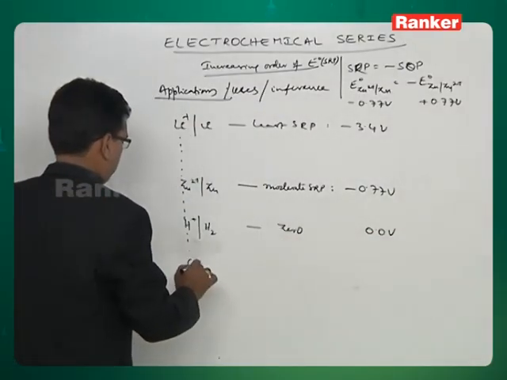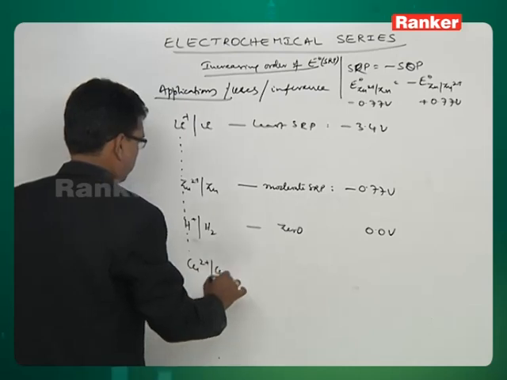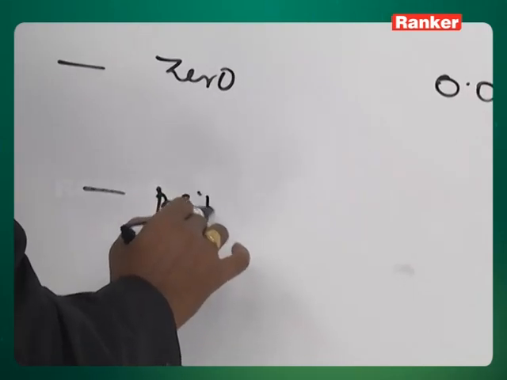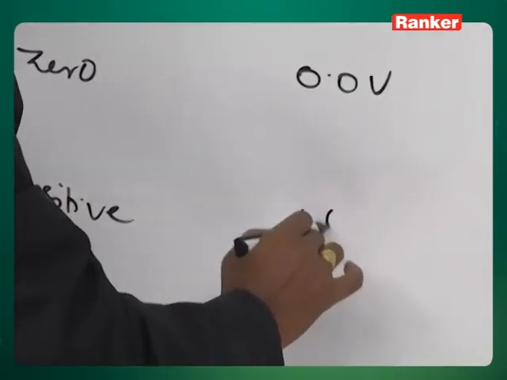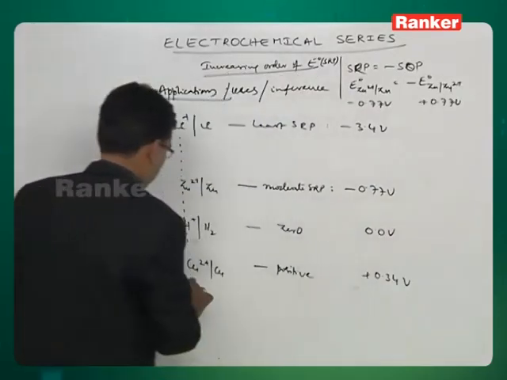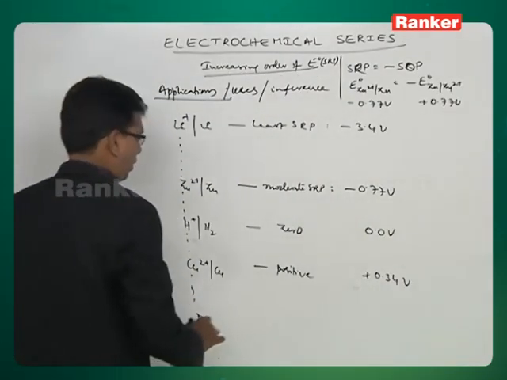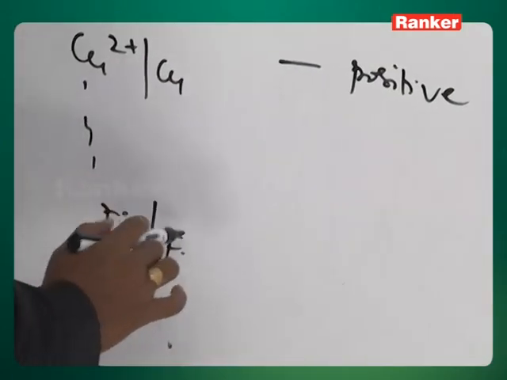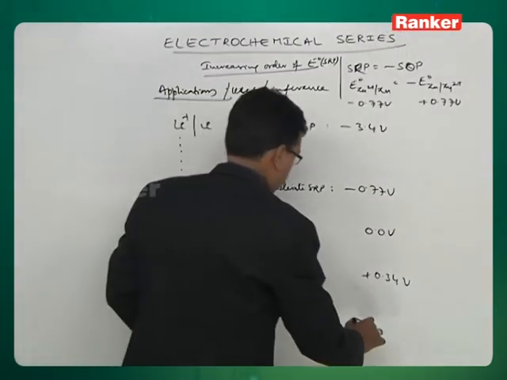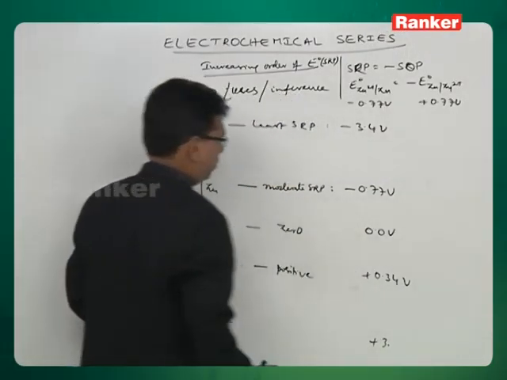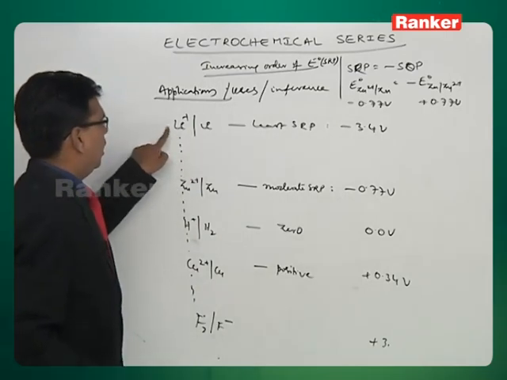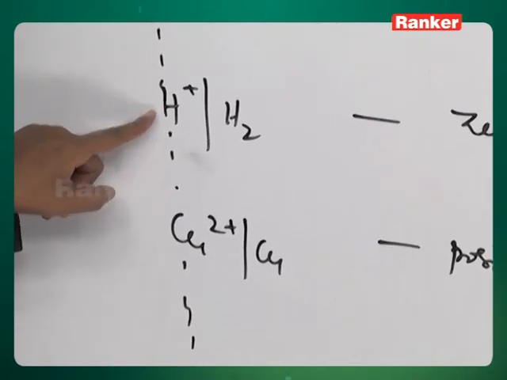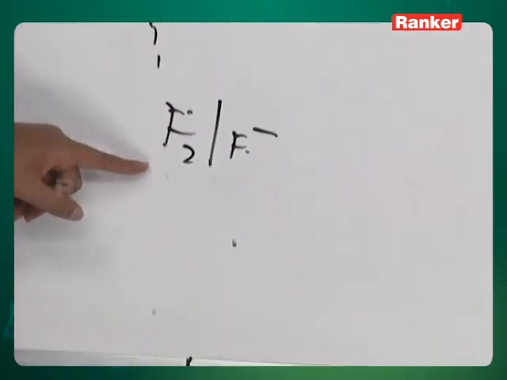Then copper having positive, that is plus 0.34 volts, and last of course fluorine, which is some plus 3. So, as you can see: highly electropositive, moderately electropositive, hydrogen, least electropositive, highest electronegative.